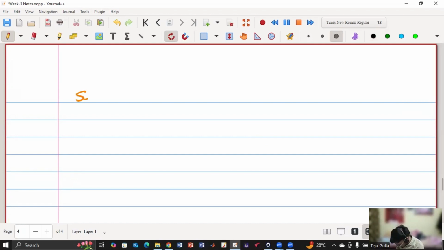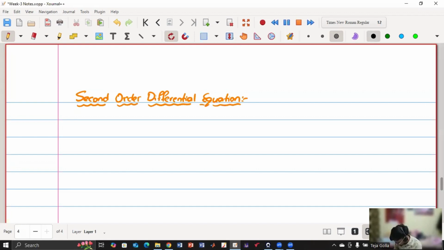Say the second order differential equation is d square y by dt square plus a into dy by dt plus b into y equals x of t.